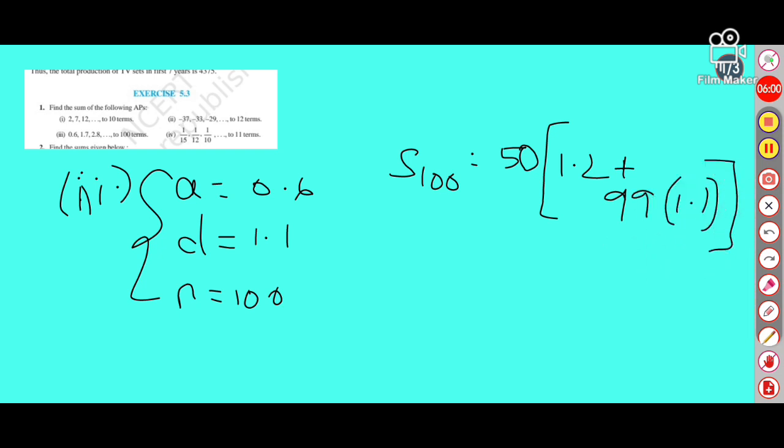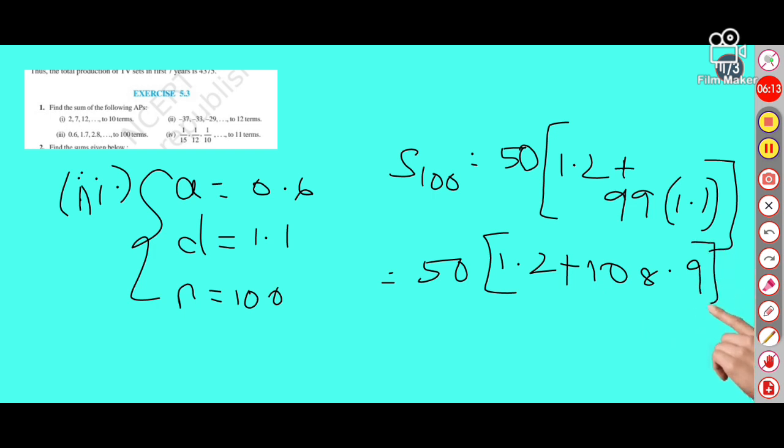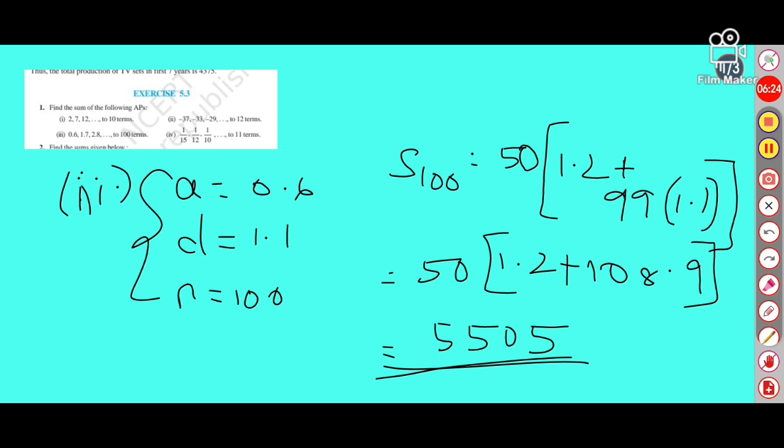Then 50 into 1.2 plus 99 into 1.1, which is 108.9. If you solve this, you get 5505 as the sum of 100 terms. So the entire S100 sum will be 5505, right?